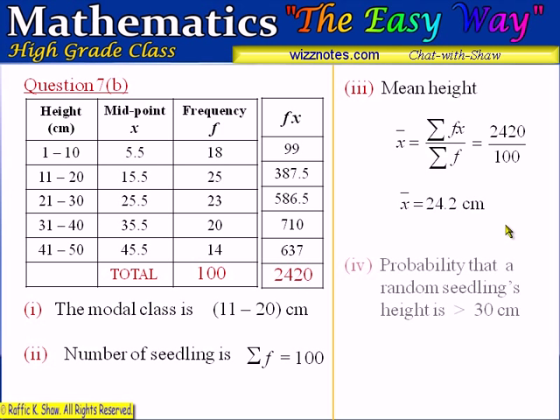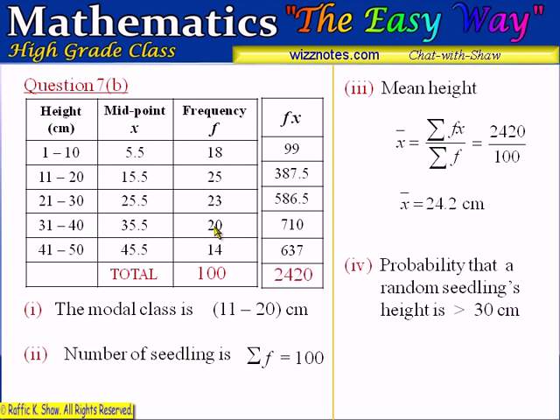Now part 4 of question 7b is asking us to calculate the probability of randomly selecting a seedling that has a height greater than 30 centimeters. Which of the groups have seedlings of height greater than 30 centimeters? This group is from 31 to 40, and this group is from 41 to 50. So these two groups have seedlings greater than 30 centimeters in height.